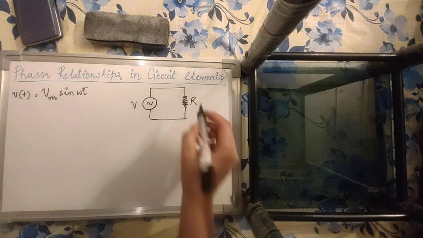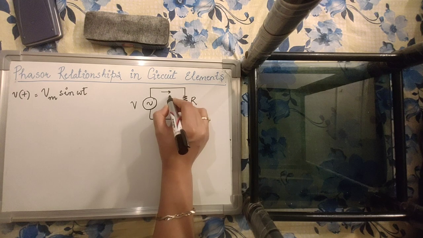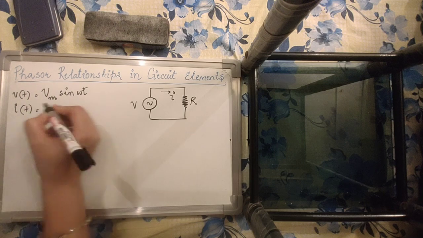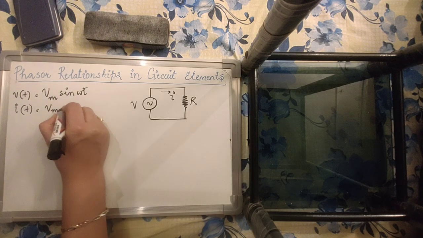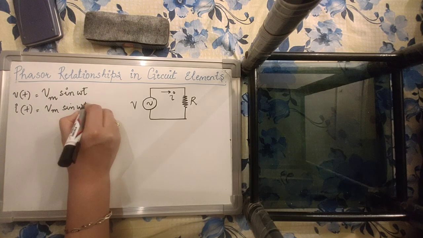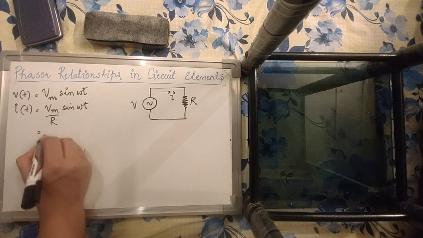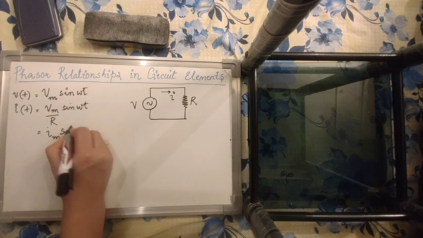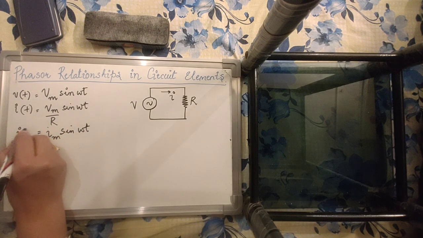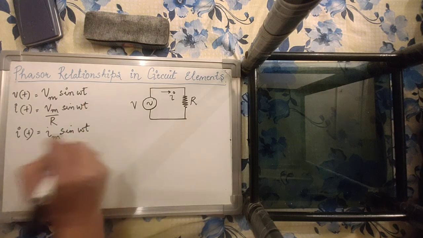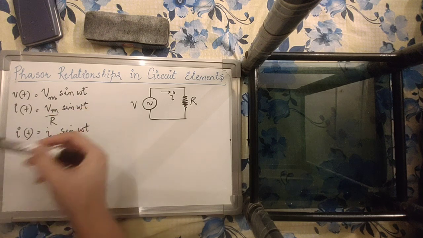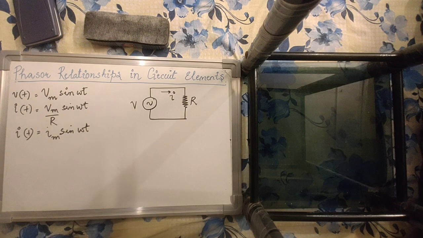We know that the current flowing in this circuit, let's call it I, will vary as Vm sin omega t by R, and you may also call Vm by R as Im sin omega t. So this is time domain analysis, where both voltage as well as current are treated as variables that are time dependent, and we are seeing their response in the time domain.